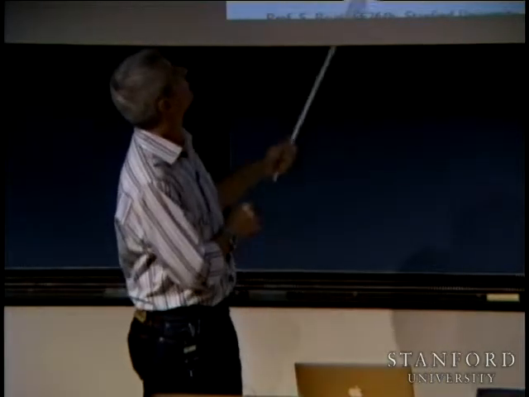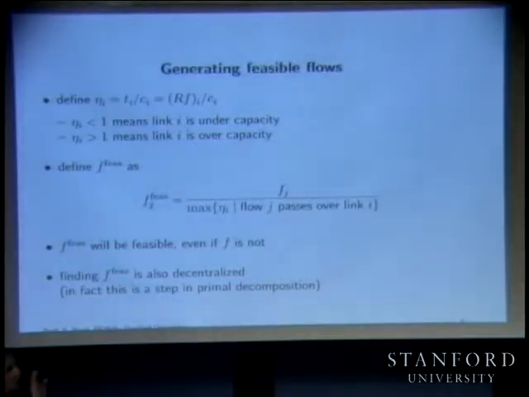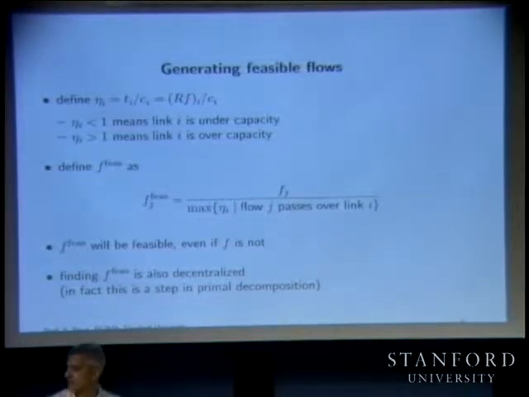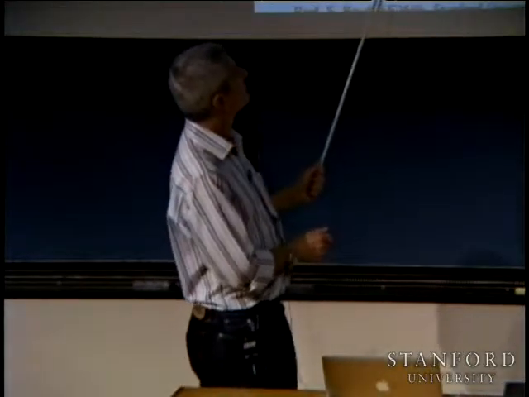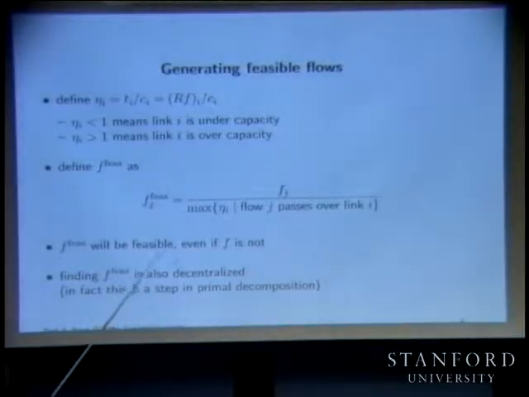If this is like 3, it means you're way off, that at least one edge is oversubscribed by a factor of 3, and it tells you to back off. So this clearly produces a feasible flow, totally obvious. In fact, this is a step in primal decomposition, but that's often the case in these things. So let's look at an example and see how this works.